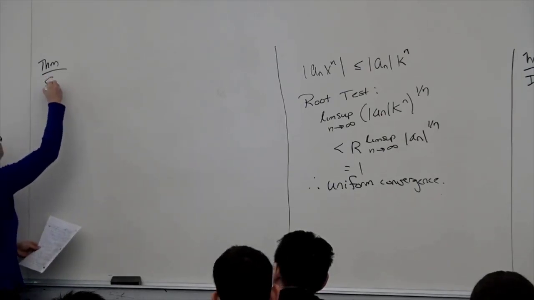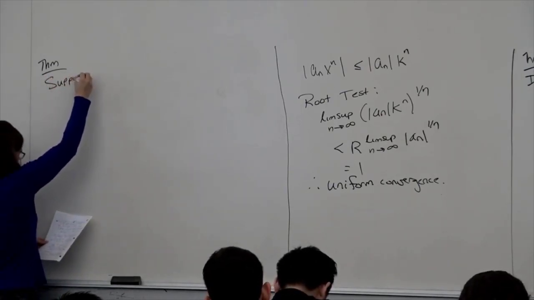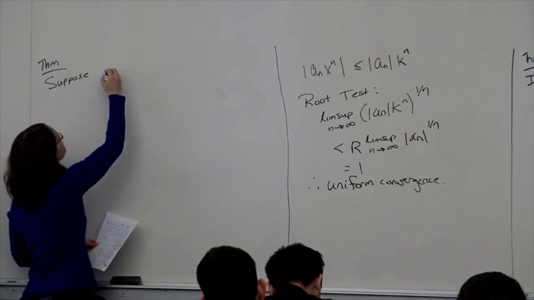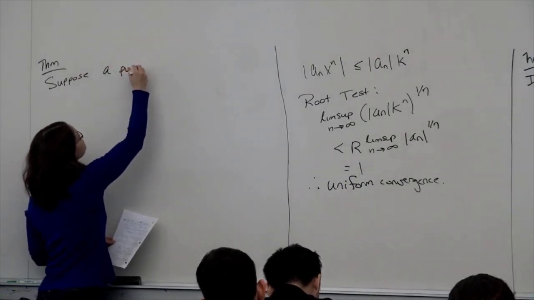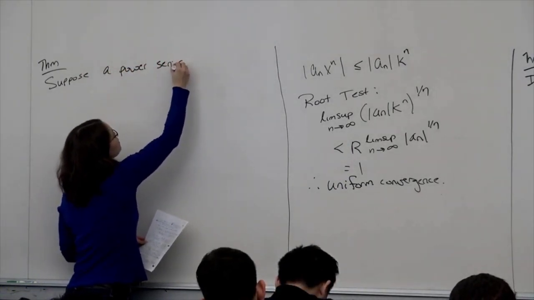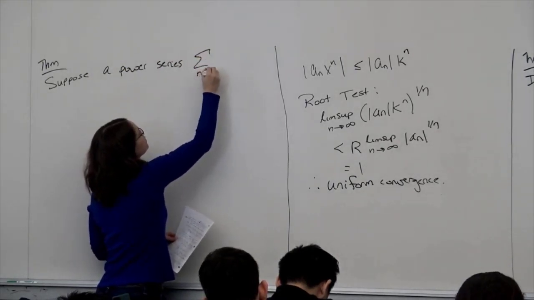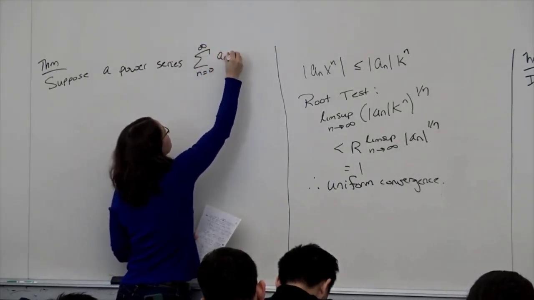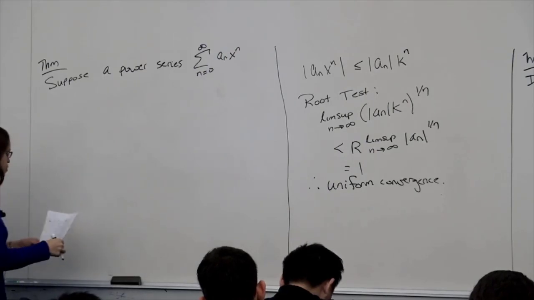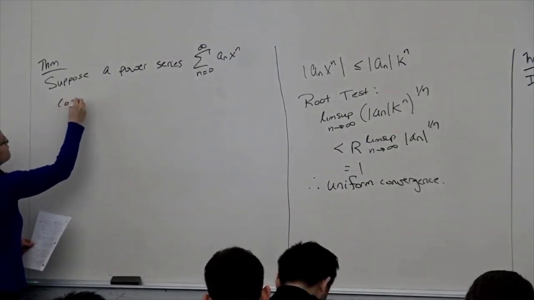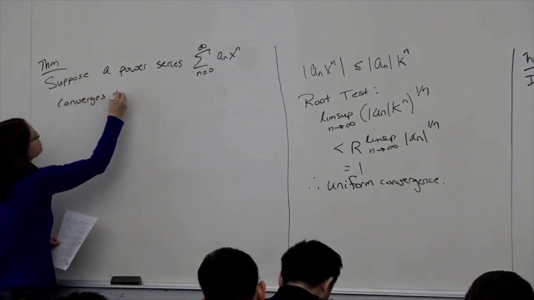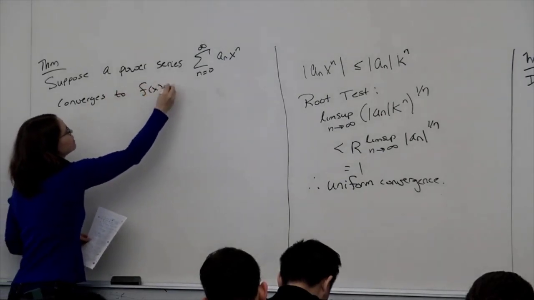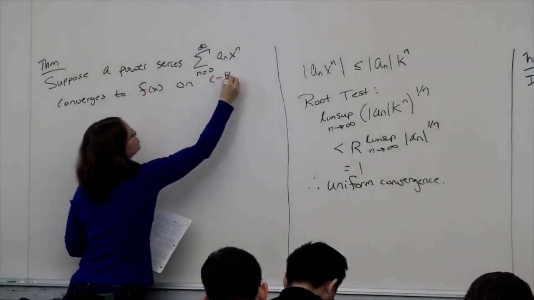This one needs a proof. So let's suppose that we have a power series, our usual power series, the sum of a_n x to the n, and suppose that this converges to a function f, with radius of convergence r.